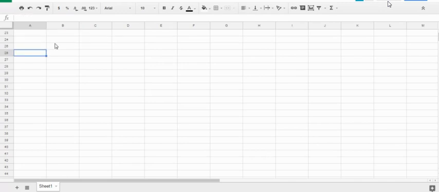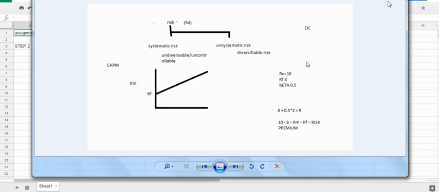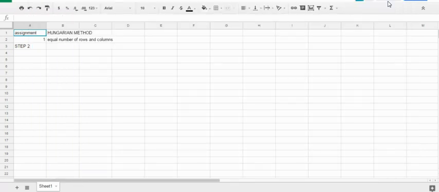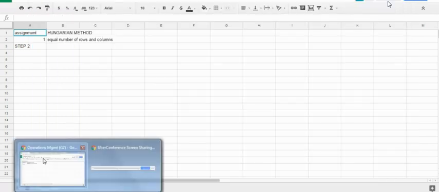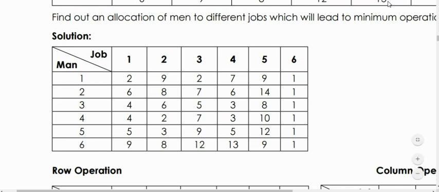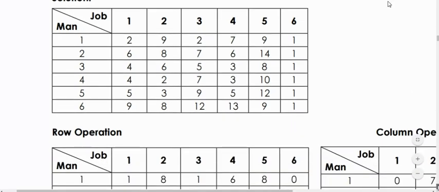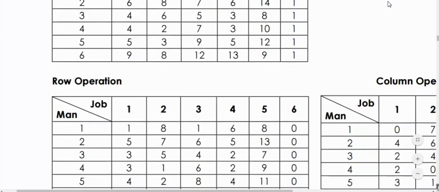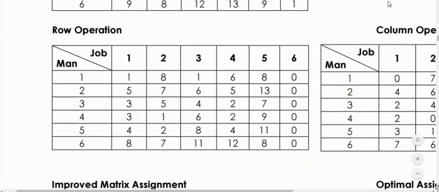Now what is step 2? We'll come back to our solution here. For step 2, we have to do a row operation.